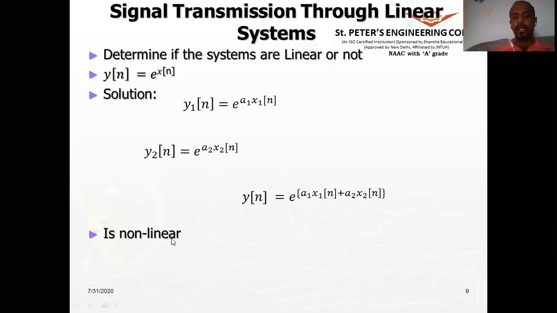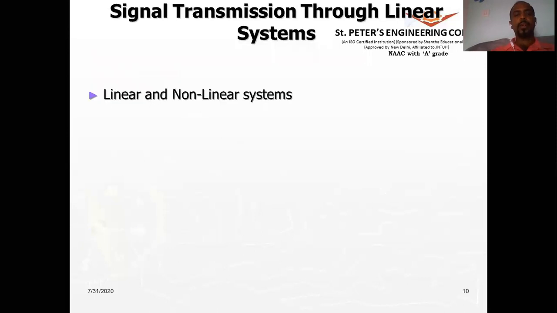This is not a linear system. Okay, so far we have seen what are linear and non-linear systems. In the next session, we will look at another property of the system, that is time invariance and time variant systems. Thank you.